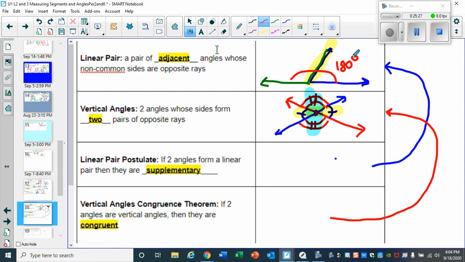This entire angle in red, from the blue ray to the green ray, is 180 degrees. And then vertical angles are congruent. Again, with the diagram, angles across from each other. Not next to, but just across.